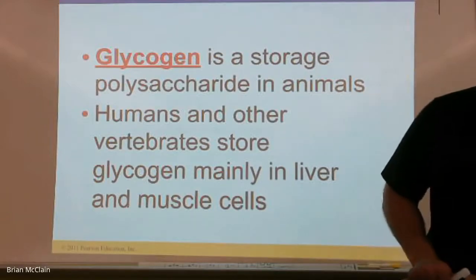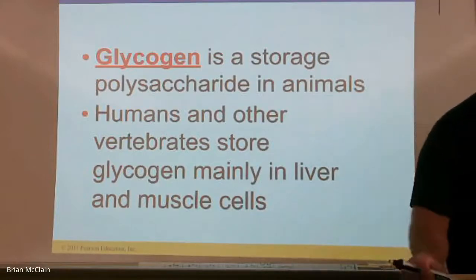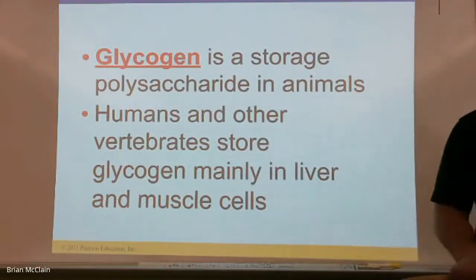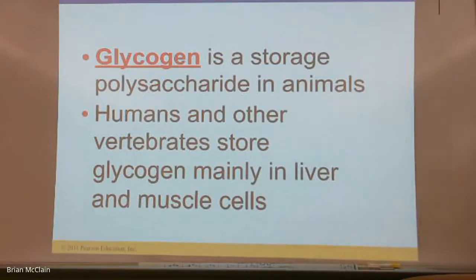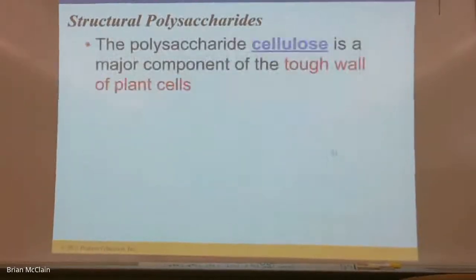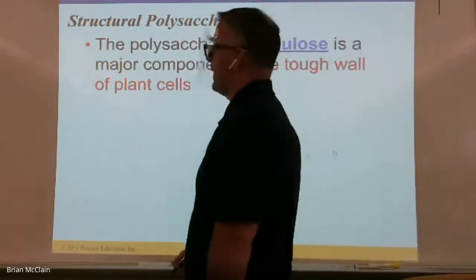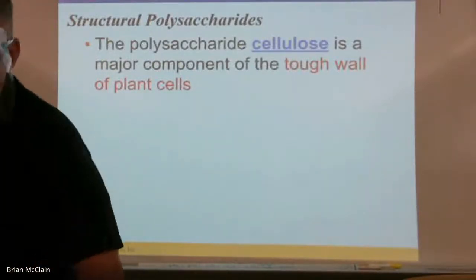Okay. All right. So let's take a look at how these things combine, and particularly let's look at the structural end of things. So if you look at something like cellulose, cellulose is the material that builds wood products.